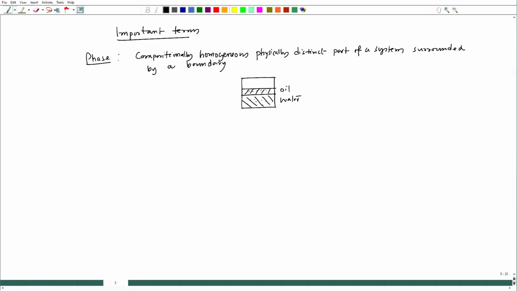There will also be a vapor phase lying here. Though it is not visible, there are vapor molecules. So, all three phases are there in this closed system, and of course, it will have some pressure and temperature. Since it is a closed system with pressure and temperature, I am defining the phase here.